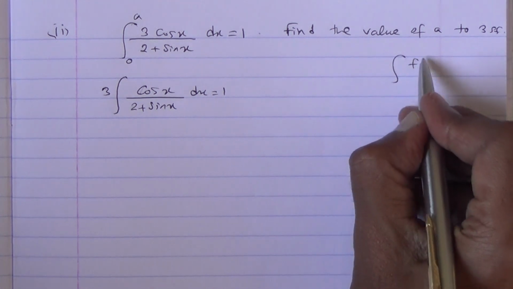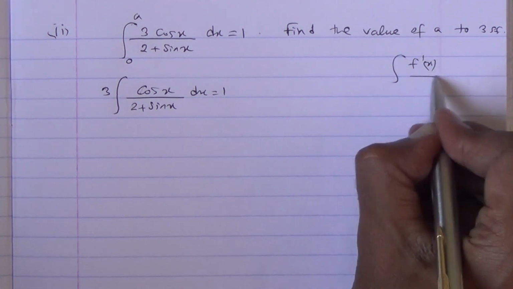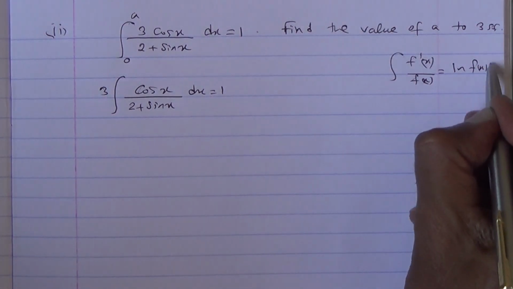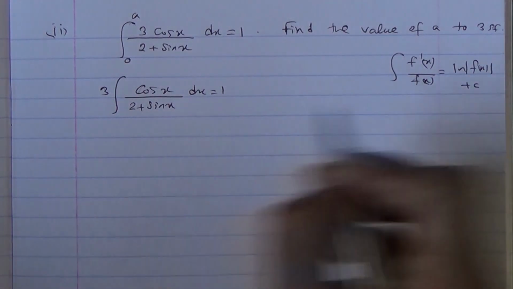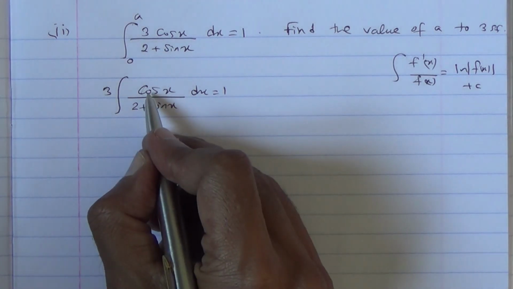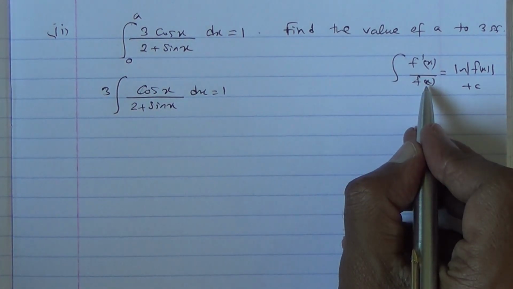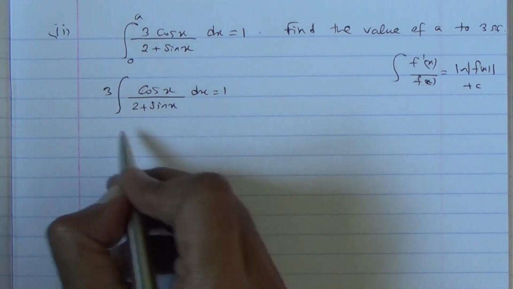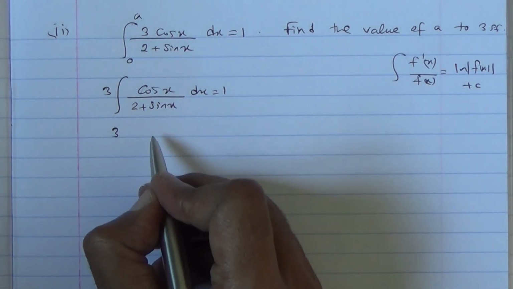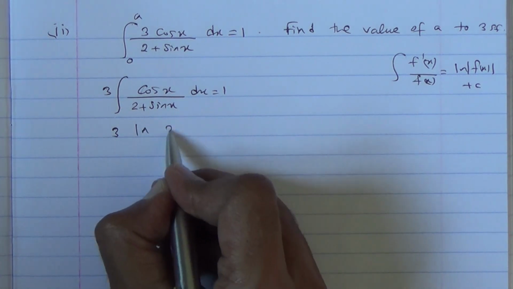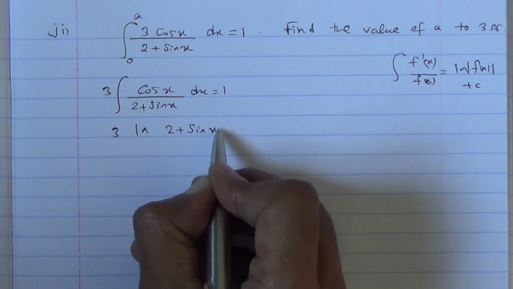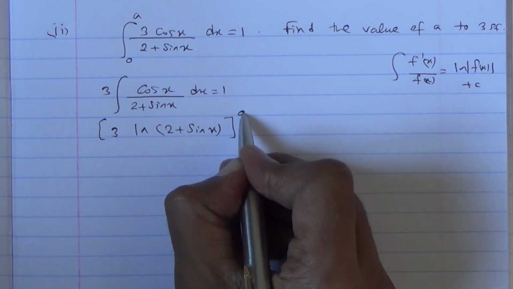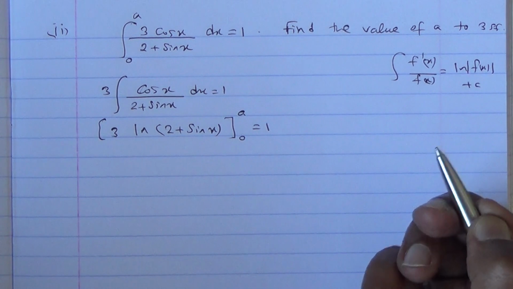You will remember the integral of the form f dash x over fx is equal to ln absolute value of fx plus c. If you differentiate the denominator, you get the numerator, so this applies here. So we get 3 ln 2 plus sine of x. Now we apply the limits, a and 0, equal to 1.